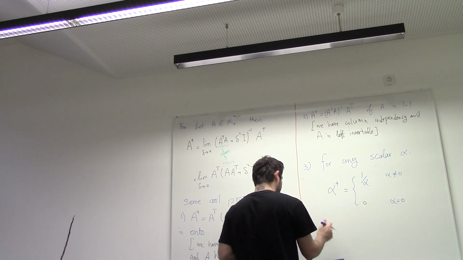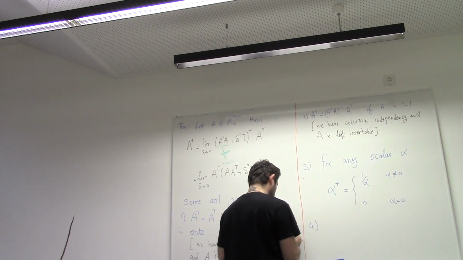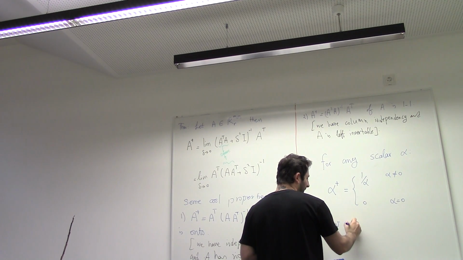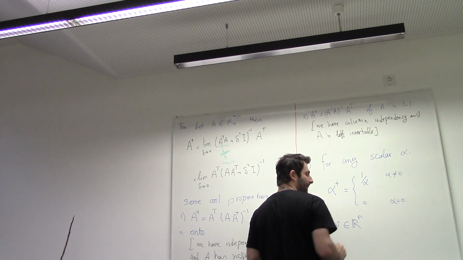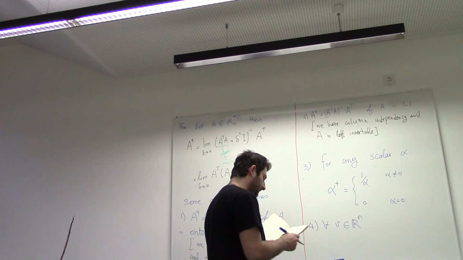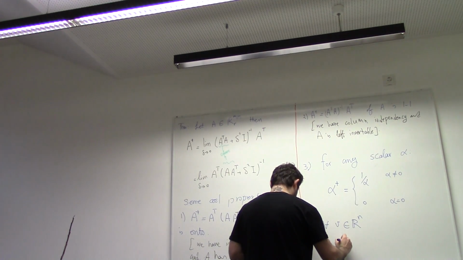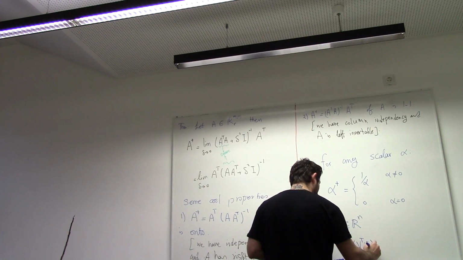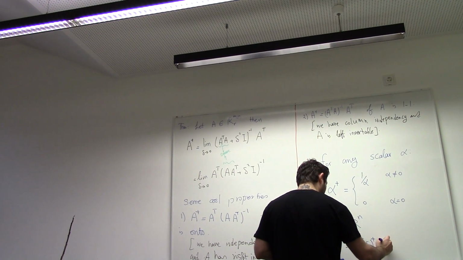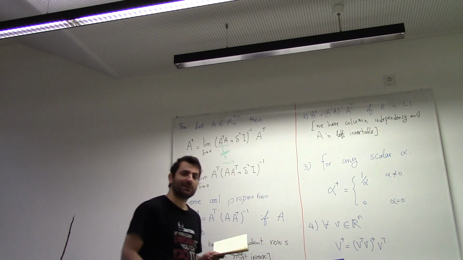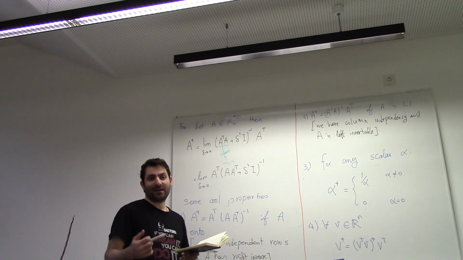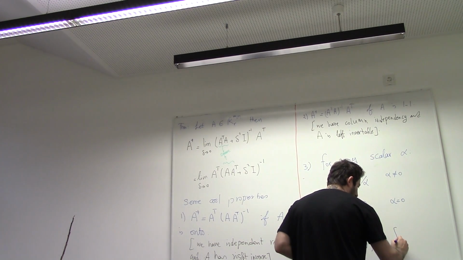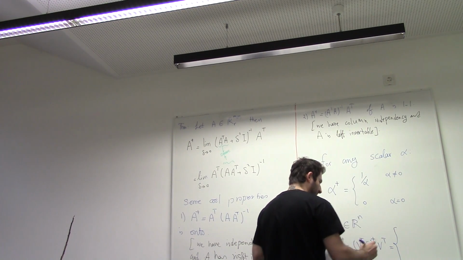Fourth one, for any vector v belonging to Rn, which is a column vector, v plus is v transpose v plus v transpose, which again we have a pseudo inverse inside it, which is not very easy, but we have a very easy result.